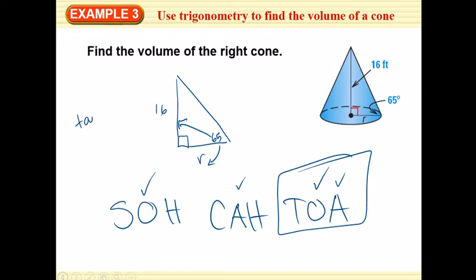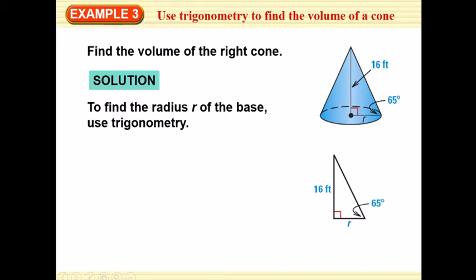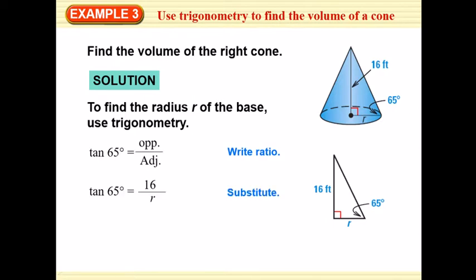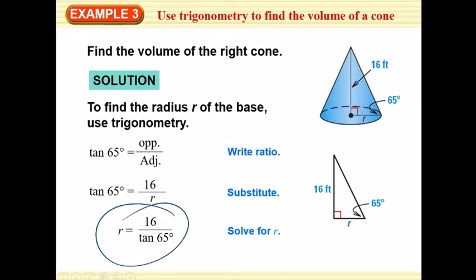The tangent of 65 degrees equals 16 over r. Then I solve for r by cross multiplying and dividing, and typing it into your calculator, I get r approximately equals 7.46.